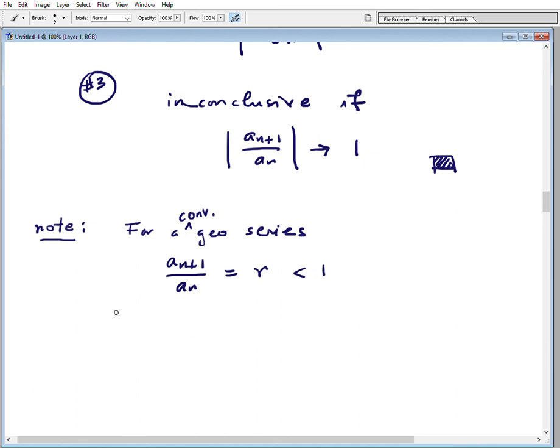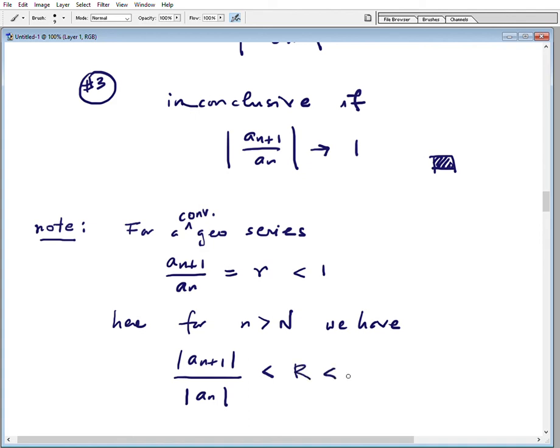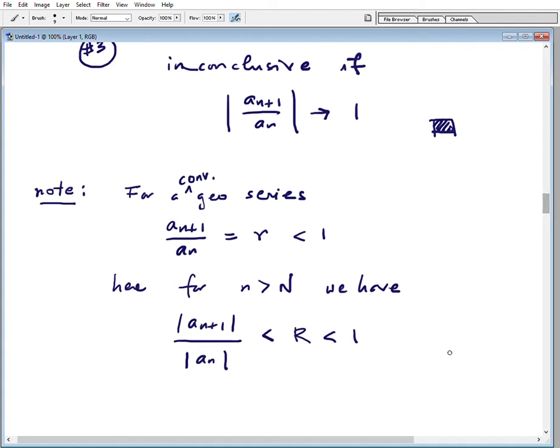Here, for n big enough, let's say greater than some capital N, in other words, down the line somewhere, we have a to the n plus 1 divided by a to the n less than some r, which is less than 1. So that's what's going on here. Essentially, it works in a similar way to a geometric series. Now you understand this? All right.